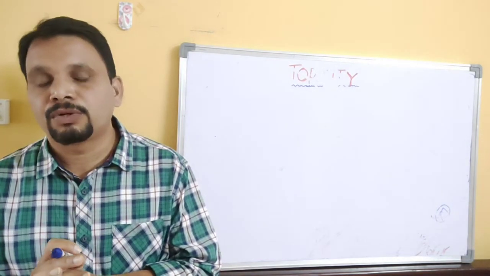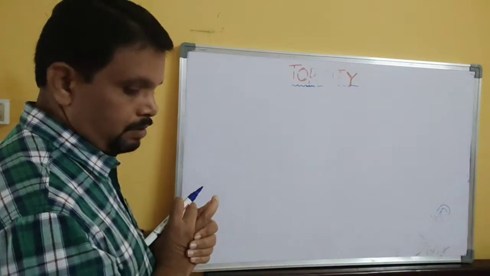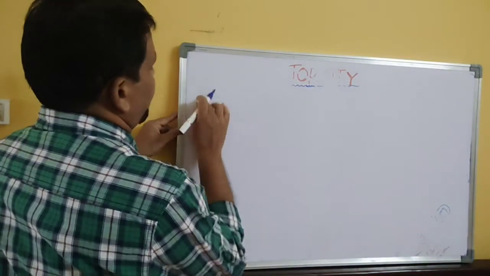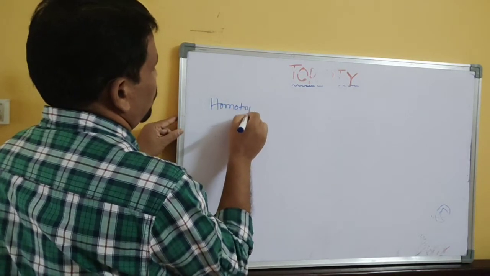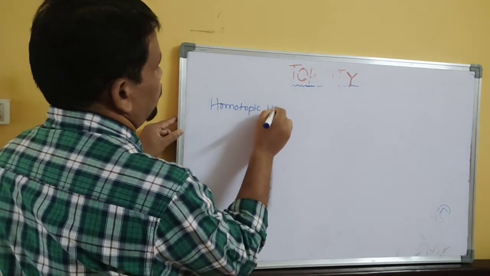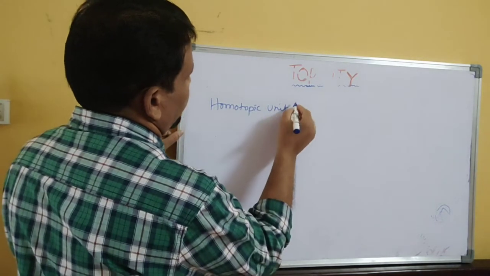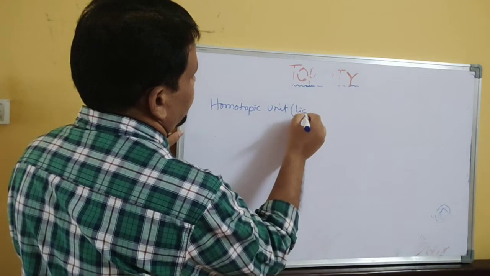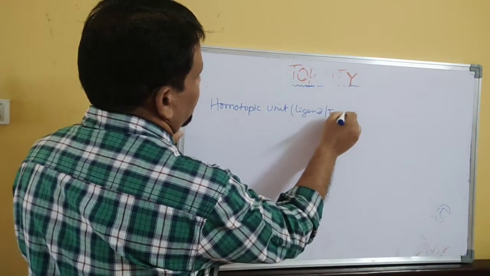Okay, so that is about homotopic unit. First let us try to define homotopic unit, or homotopic ligand and phase. Unit means ligand or phase.